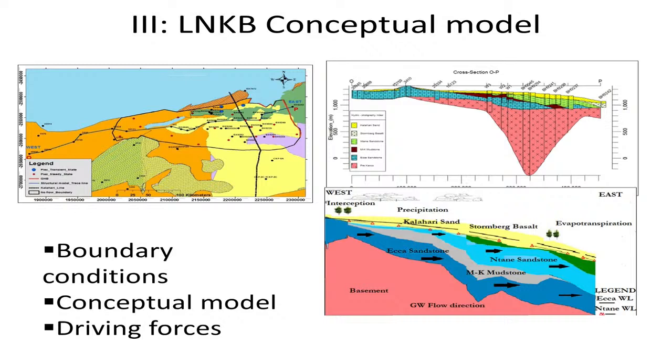We thought that the top layer, the Kalahari sand, is underlain by an aquitard, the Stormberg basalt, and under it was the Ntane sandstone, the main aquifer, then a mudstone, which was an aquitard, and the Eka sandstone, which is also a main aquifer.